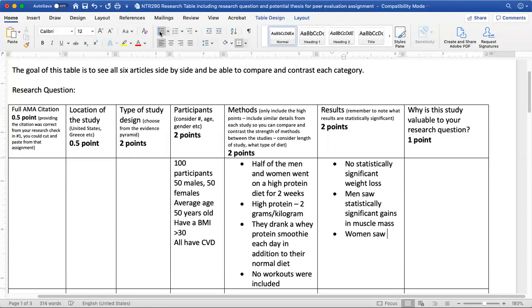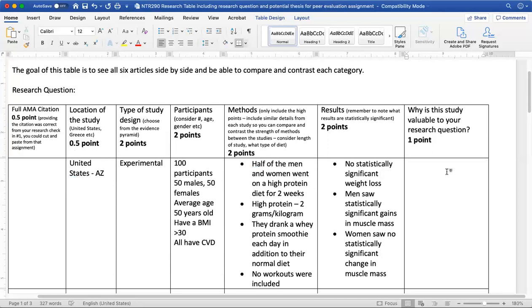Women saw no statistically significant change in muscle mass. Okay, I'm going to go back here. We'll just say this was experimental. It was in the United States, specifically Arizona. Then I'd have my full AMA citation there.